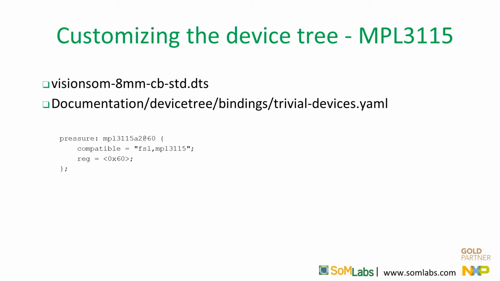To the configuration of the last of the modules, so MPL3115A2, we also add the appropriate section in the I2C1 in the device tree with the compatible and reg fields containing the device name and address 60.